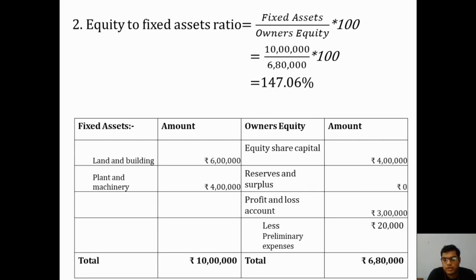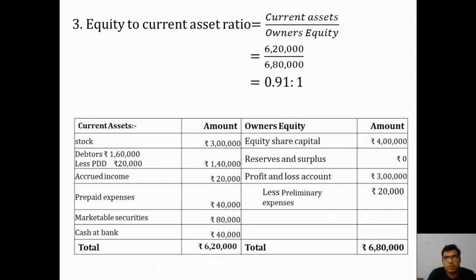So the total of owner's equity will be 6 lakh 80,000. Fixed assets 10 lakh divided by owner's equity 6 lakh 80,000 comes to 147.06 percent, which means fixed assets are 147.06 percent of our owner's equity.